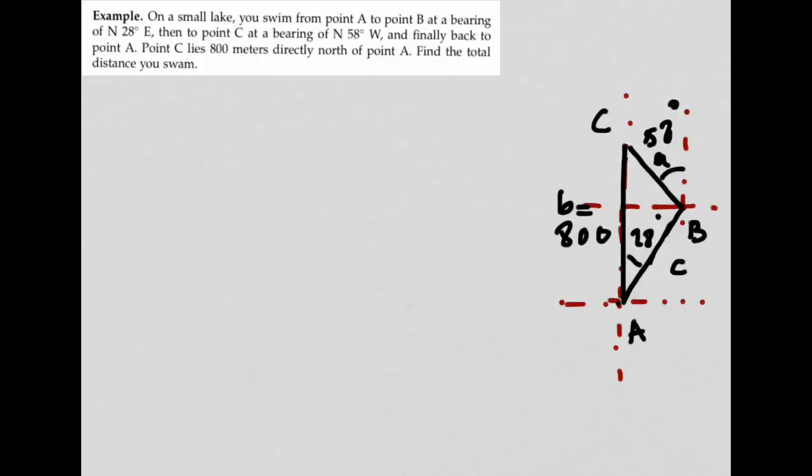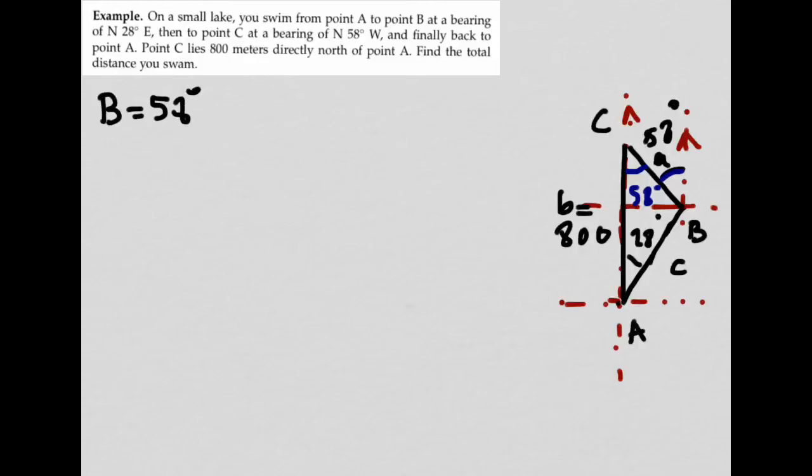First thing we need to notice to solve this problem is that these north lines are parallel lines. So this gives rise to alternating angles. Here you have 58 degrees, so we know angle C must be 58 degrees because these are two alternating angles between parallel lines.